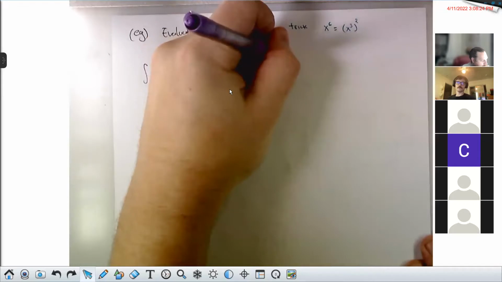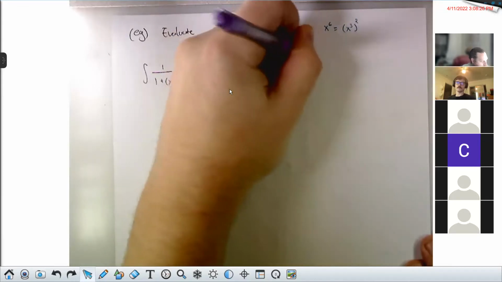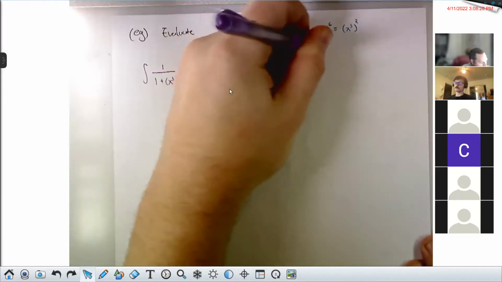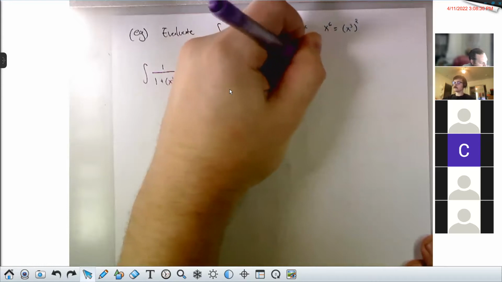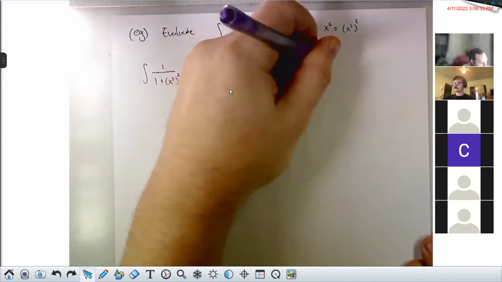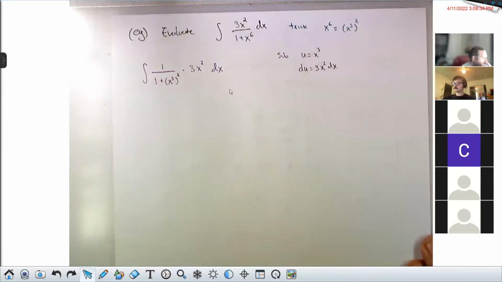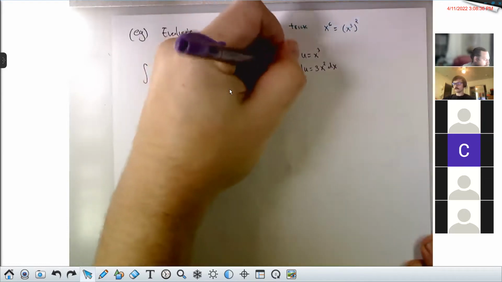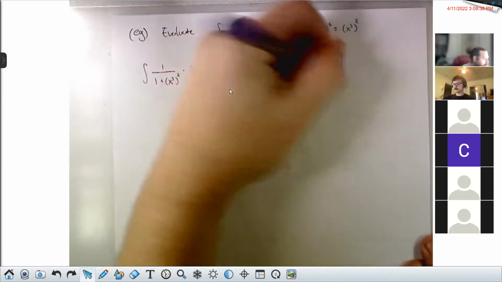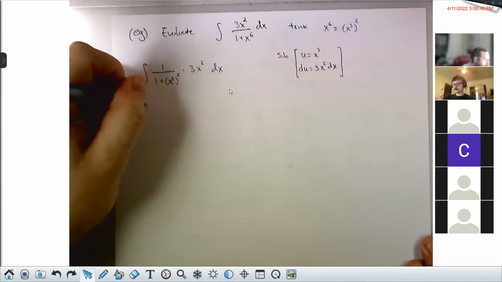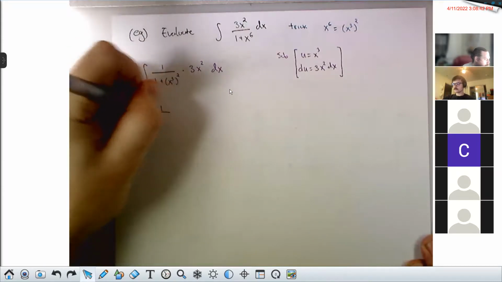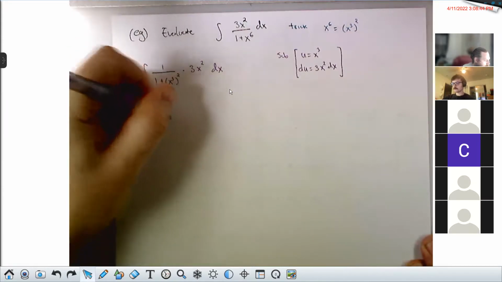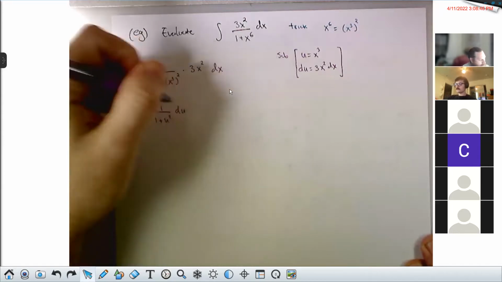So if I make the substitution u equals x cubed, du is 3x squared dx, that's convenient. Then my integral will become 1 over 1 plus u squared du.